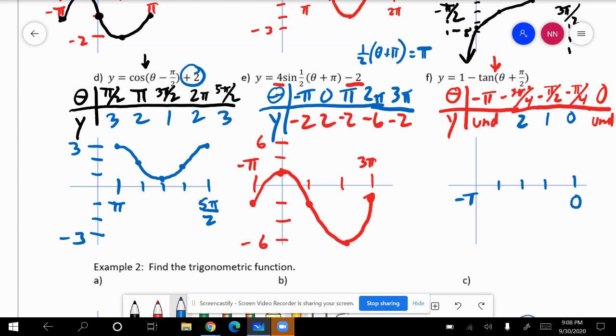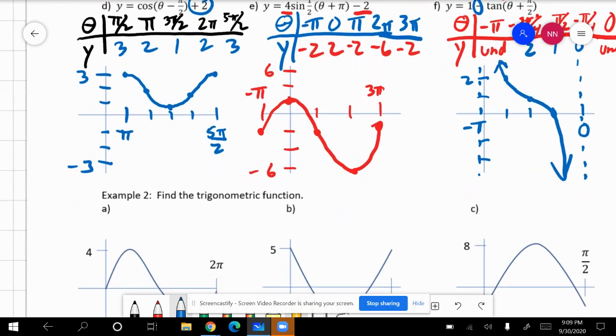And then I'm going to call this 0. So I have a vertical asymptote at the beginning and at the end. And then what I have is 2, 1, and 0. Notice the tangent curve is going down because it's negative tangent.